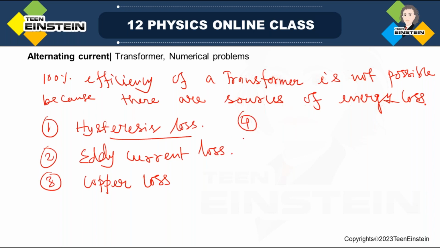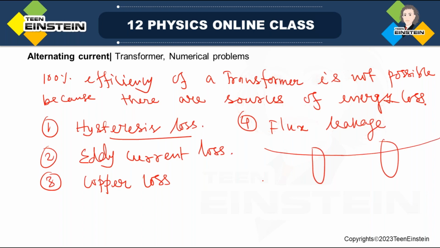The fourth point is flux leakage. What is this? Suppose you have a primary coil and a secondary coil here. If the same amount of flux passing through the primary is linked with the secondary, then there is no loss.